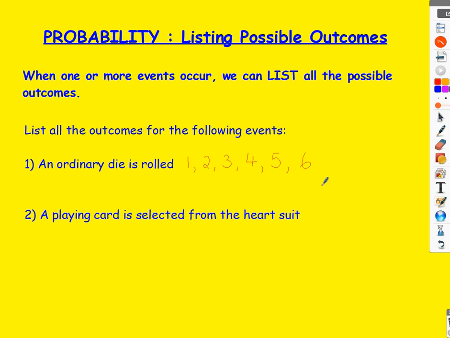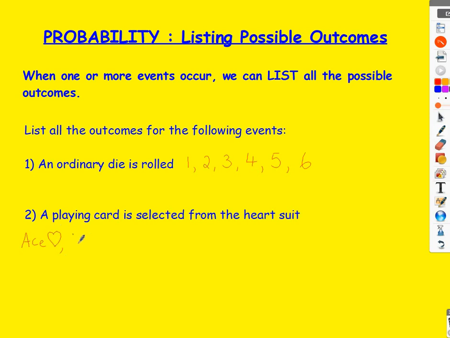And the next event we've got is a playing card is selected from the heart suit. So we haven't got the whole pack of cards here, we've just got the hearts, and we're going to list all the outcomes that could occur. So we could have the ace of hearts. I'm just going to put the heart symbol in.